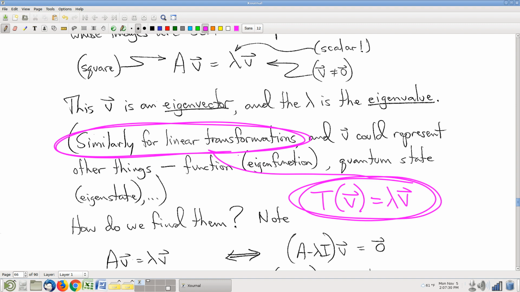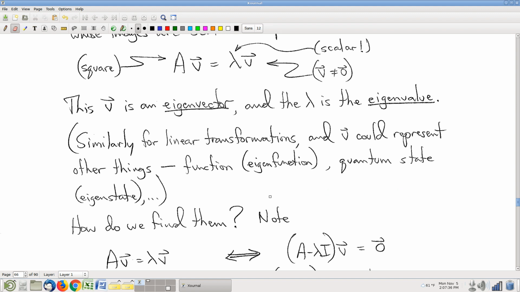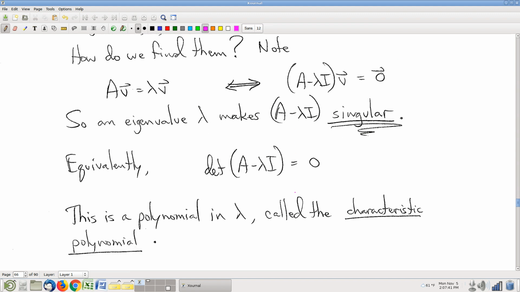Keep in mind we represent linear transformations very often with matrices, so you can see the connection there. Okay, let's talk about how to find eigenvectors and corresponding eigenvalues. In some sense, we're going to want to solve that equation. Here we go. Solve that equation.